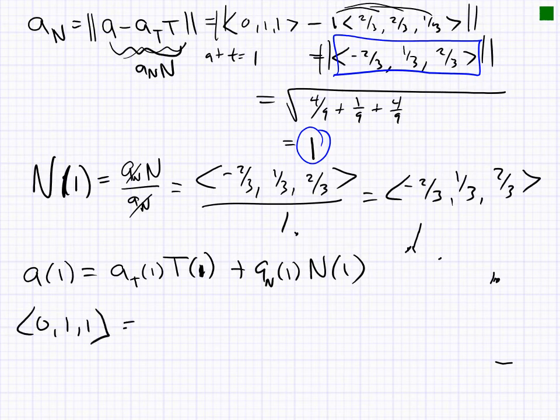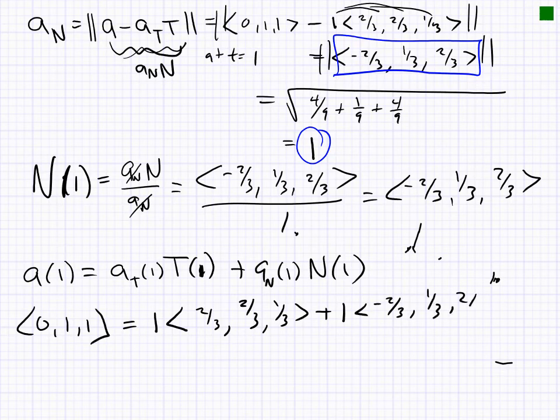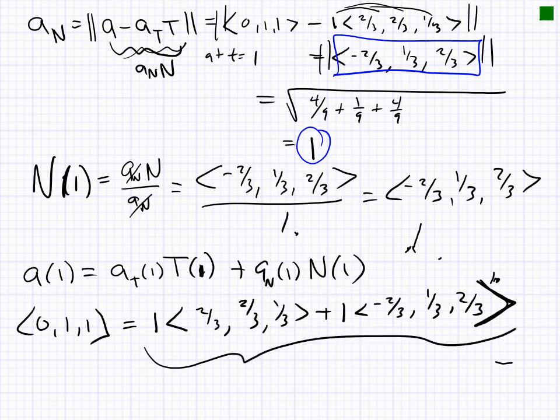And so what we did is we decomposed it into a sub t, which was 1, times t, which was 2/3, 2/3, 1/3, plus a sub n at 1, which is 1 as well, times n at 1, which is negative 2/3, 1/3, 2/3. And so that is the full decomposition of this particular vector when t equals 1.